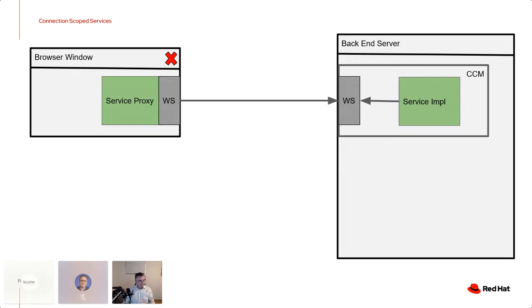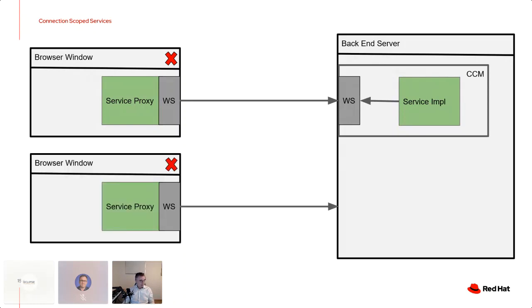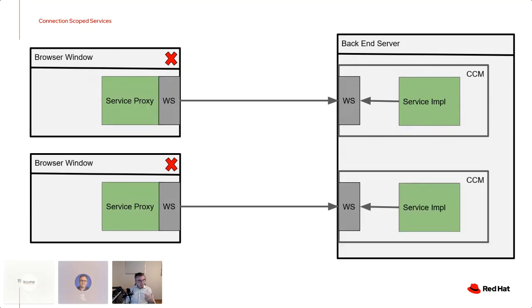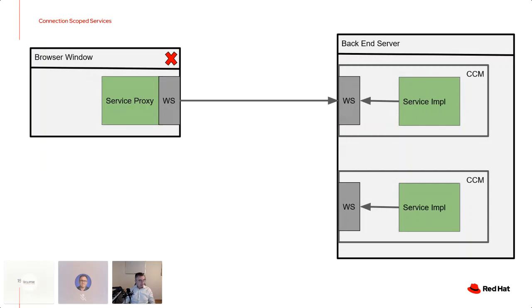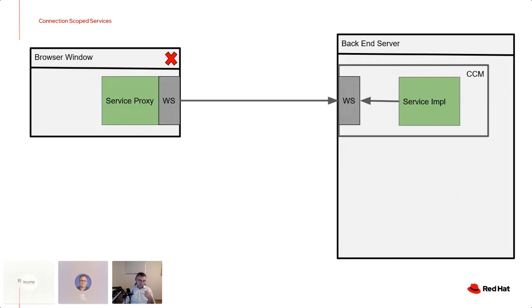So if we open a second browser window, we will again get a connection container module with the WebSocket in it and a copy of all the services, but this time bound to the new WebSocket that connects to the second browser window. And if that browser window goes away, the backend detects that, and it disposes of the connection container module and every service that's been created inside it.